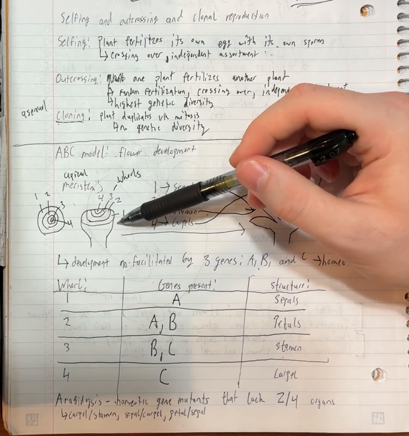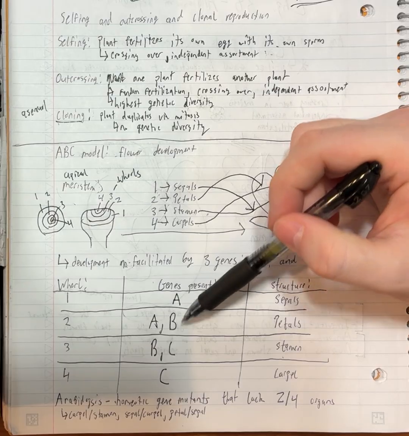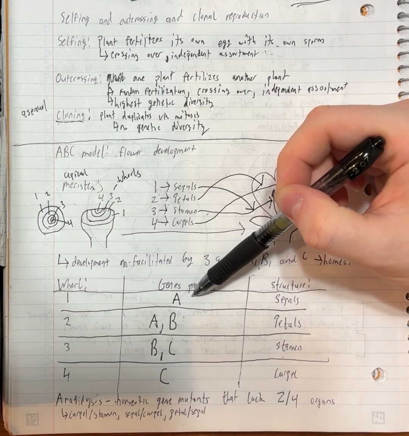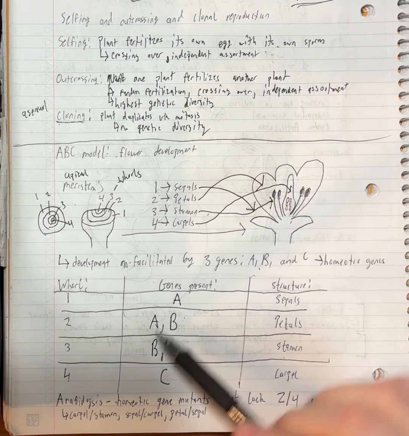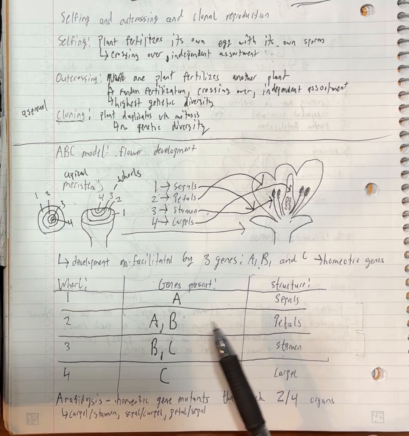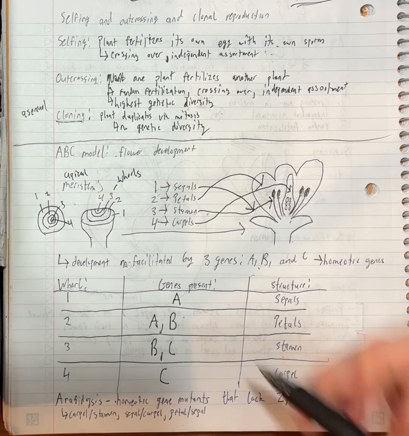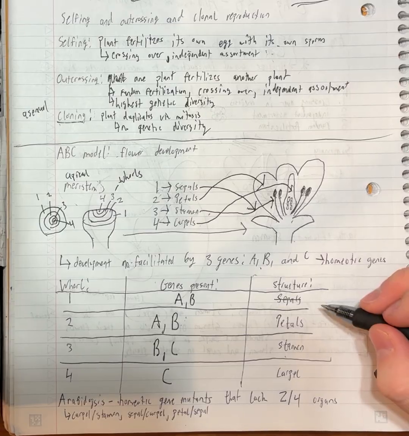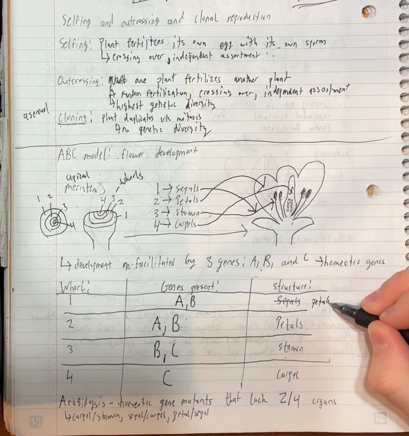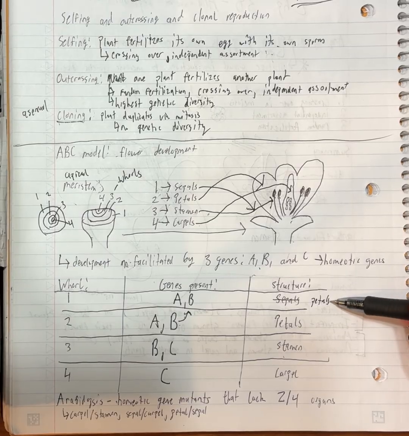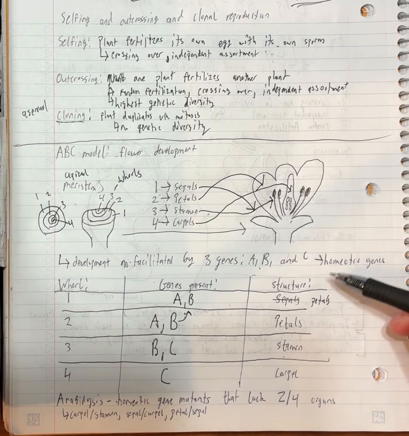So maybe you have gene B also showing up in the first whorl, which would mean if genes A and B are present, petals are going to be produced. So if in the first whorl B also gets produced, instead of producing sepals, we would produce petals. So then we would not have sepals.